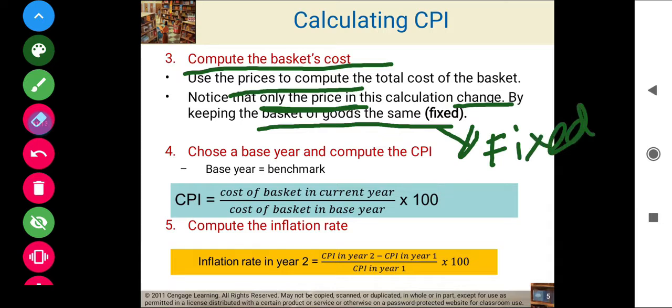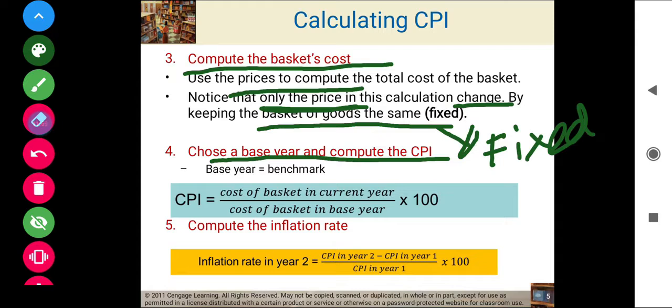And then we look at the next step. We choose a base year and compute the CPI. The base year is the benchmark for the calculation of the next years.